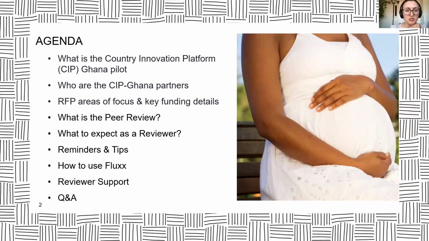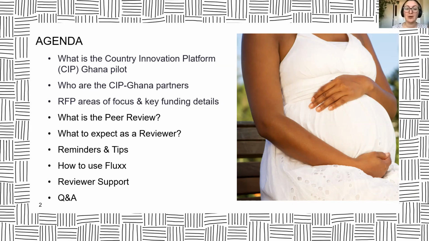Today I'll first walk you through the agenda. We're going to touch on, first, what is the Country Innovation Ghana pilot? Who are the CIP Ghana partners? What were the request for proposal areas of focus and the key funding details? What is the peer review? What to expect as a reviewer? Some reminders and tips.